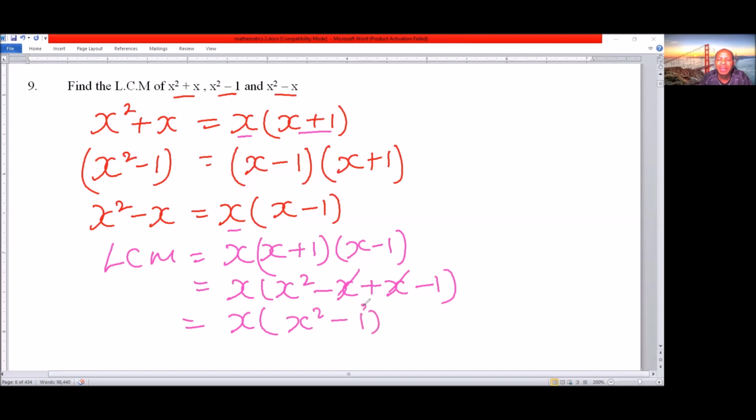So here we can write it as x, which when you expand, you get x into bracket x minus 1 and x plus 1, because now this one will be a difference of 2 squares, so we can expand it like that. So that is how we work out that question.